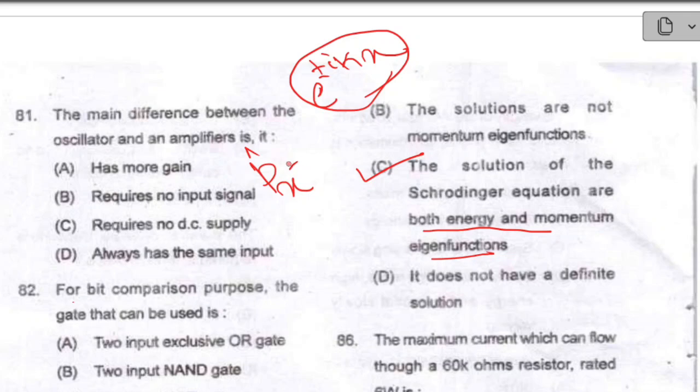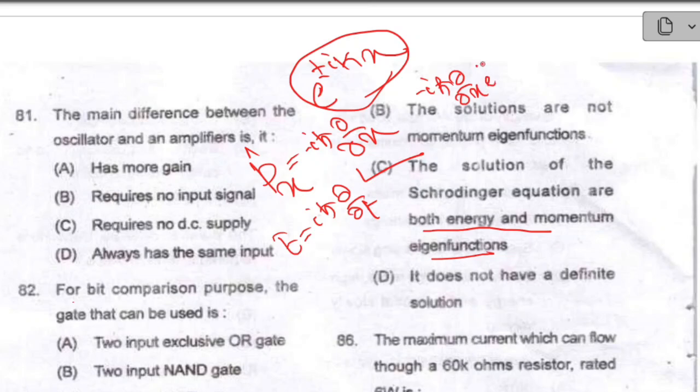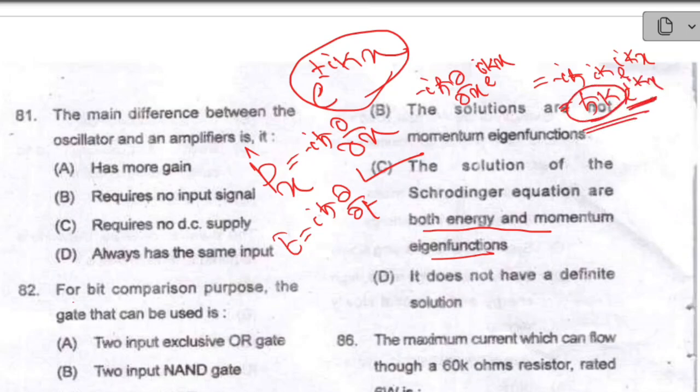Momentum is minus iħ del/del x, and energy is iħ del/del t. If you check minus iħ del/del x of e^(ikx), this will be minus iħ times ik e^(ikx), which gives you ħk e^(ikx). You can see this is a constant value times the same wave function.